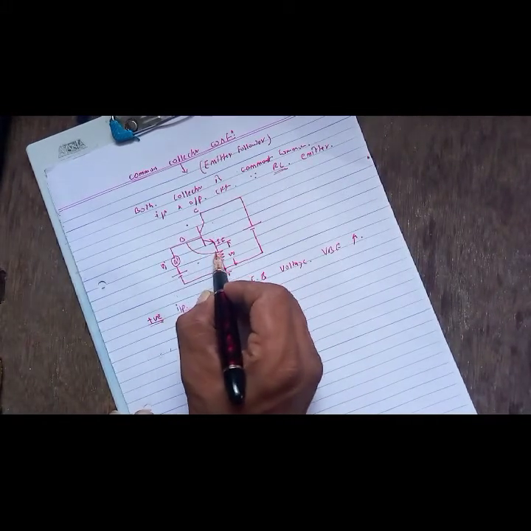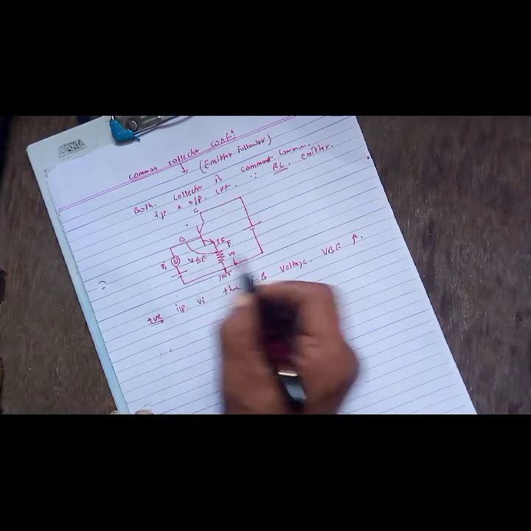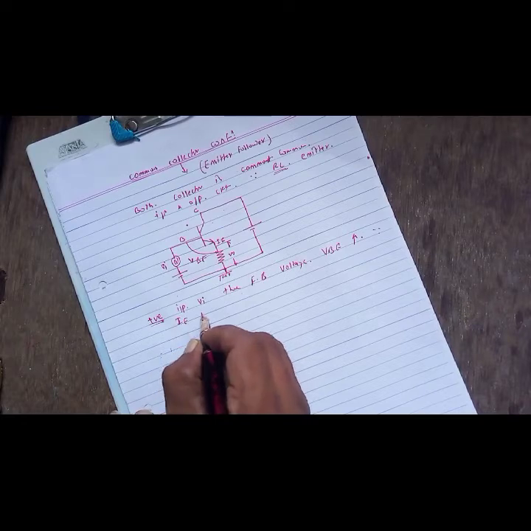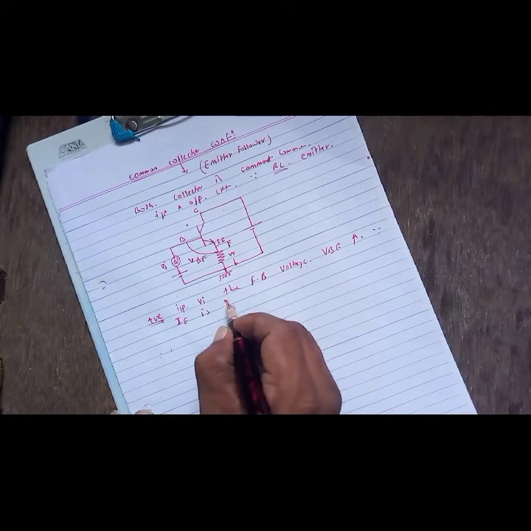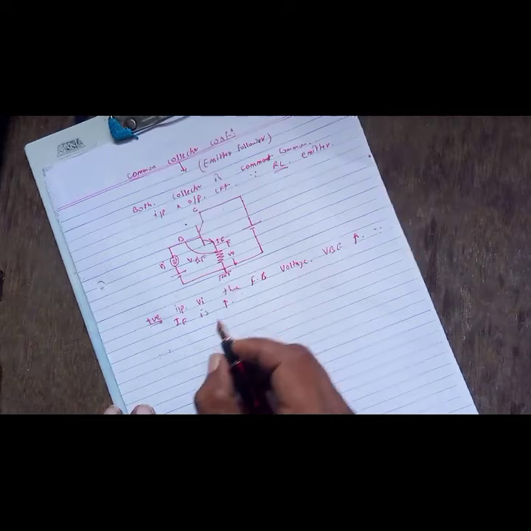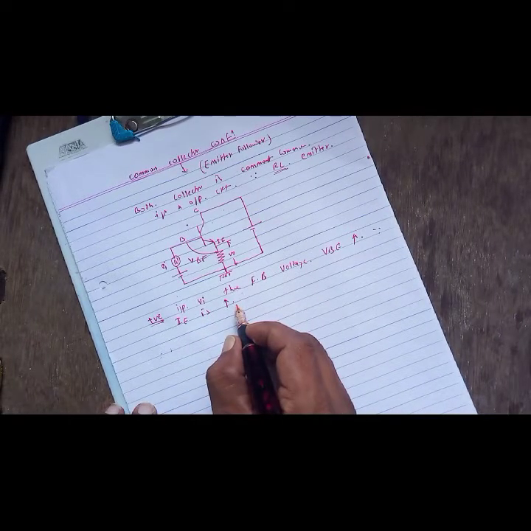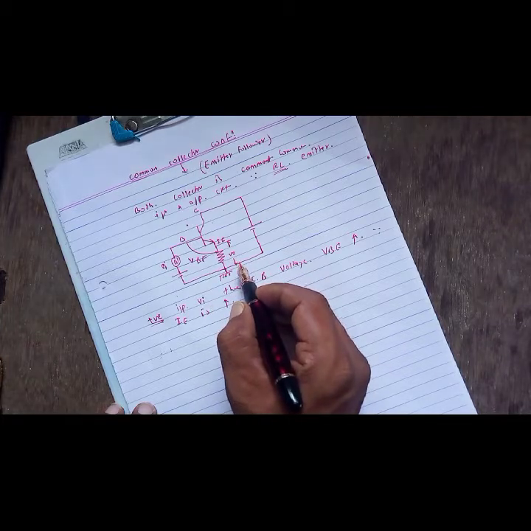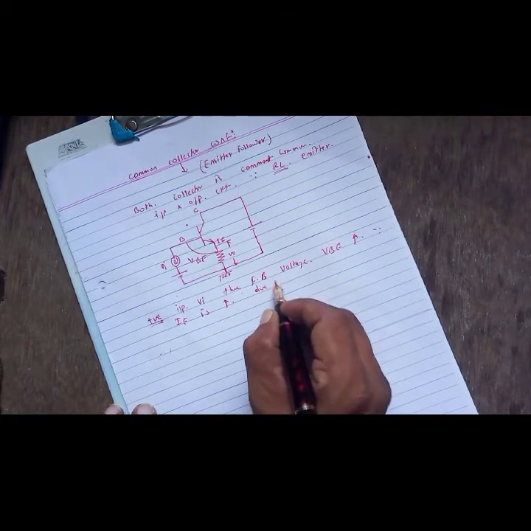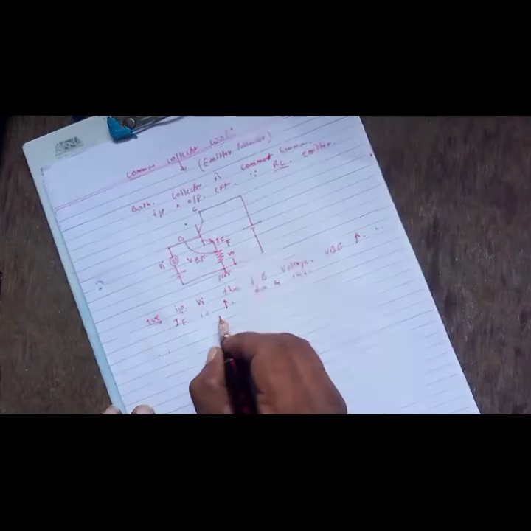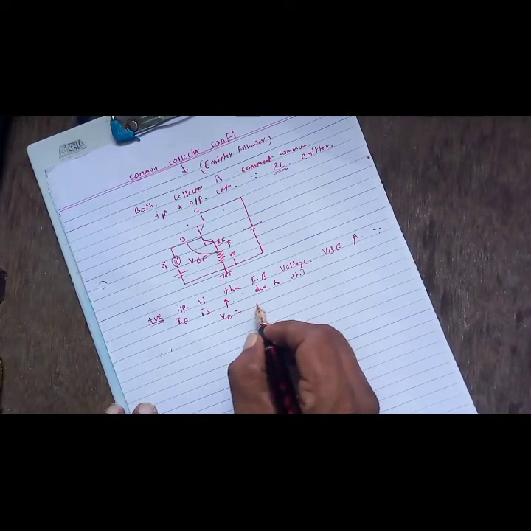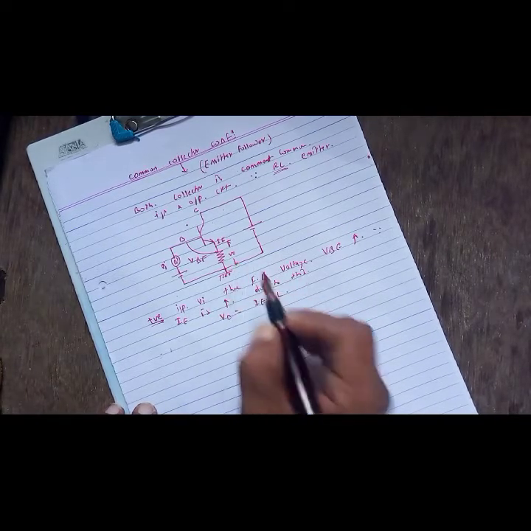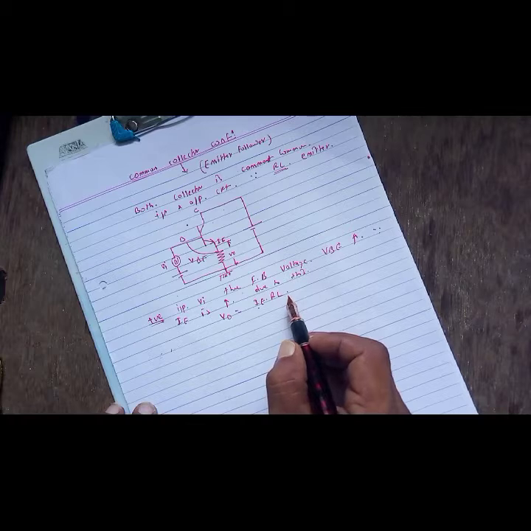This base to emitter voltage VBE will increase since IE also increases. Due to this, the output voltage V0 you will be getting is IE into RL. At this particular instant you will be getting IE into RL.